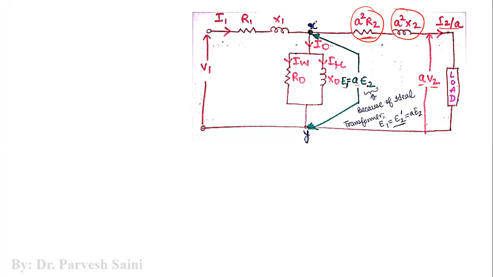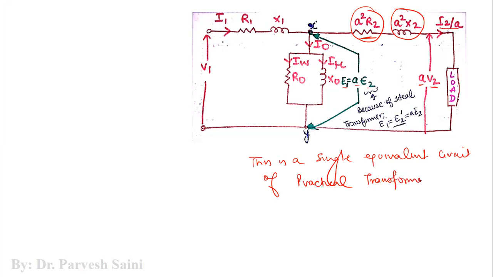The voltage E1 is A E2, right? And all these parameters are same, right? So now if you see in this particular diagram, everything is same, but only the difference is that we have merged the two circuitries. Now this is a single equivalent circuit of practical transformer on load, right?